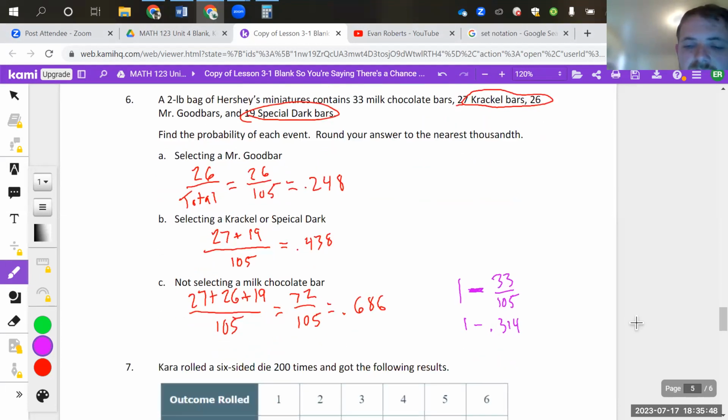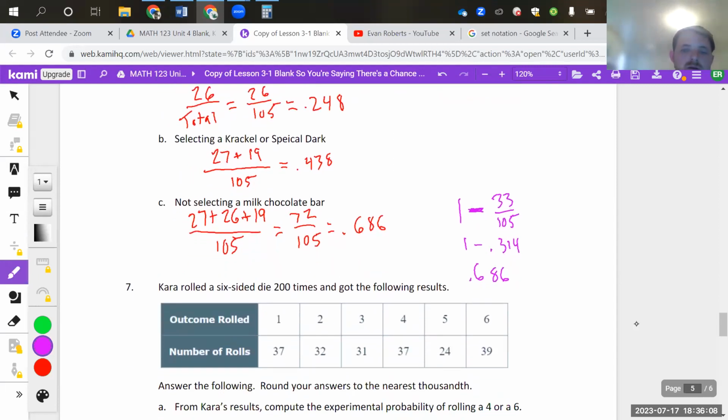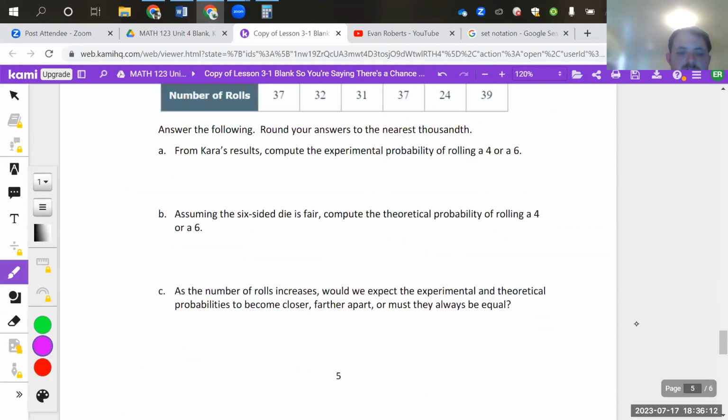And subtracting those would give you 0.686. So again, either way works. In the scenario so far, the purple way has not been quicker. But there might be times where it's nice to use. So just kind of keep that in mind. Last one here, and then we'll take our first break.